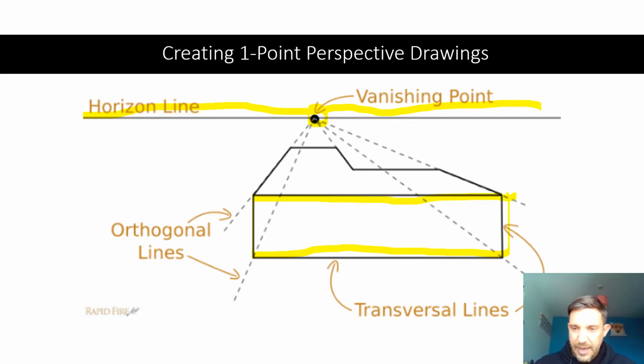You then take the edges of those transversal lines, just change the shape, and we're going to go back to the point of perspective that we have. And that will help us form where the additional lines on our drawings are going to go. Okay, so that's one-point perspective. It has one vanishing point.